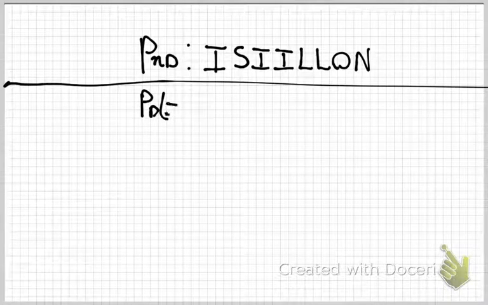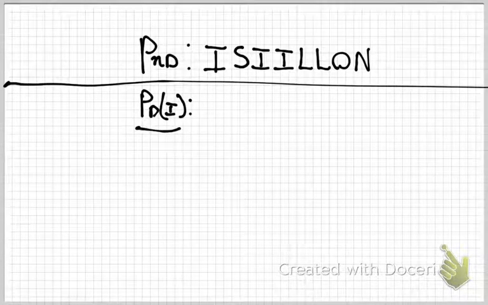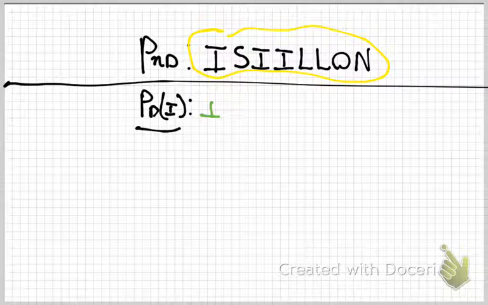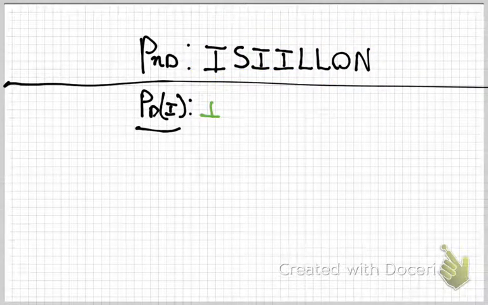So P_DI, by that I mean distinct permutations with respect to I. I'm now considering I's to be distinct. Only I's. I want to see how many permutations of this example, in which all alike characters are considered the same, are produced when I consider the I's to be distinct.